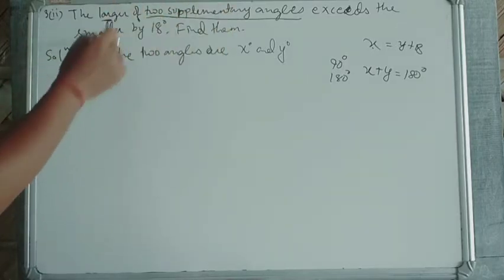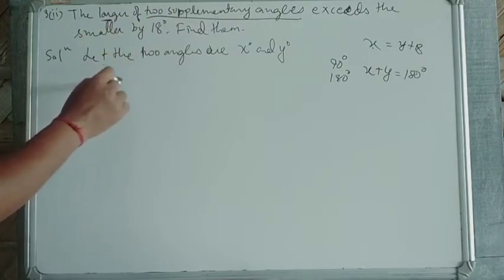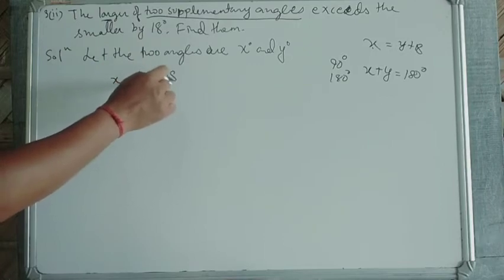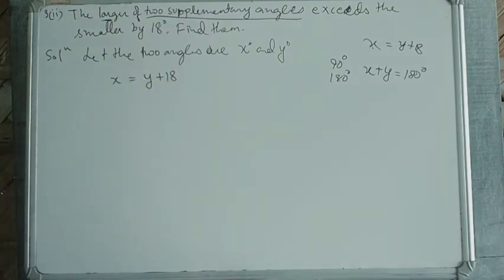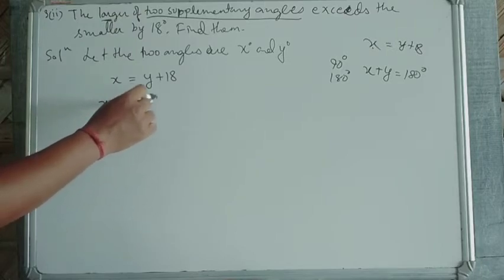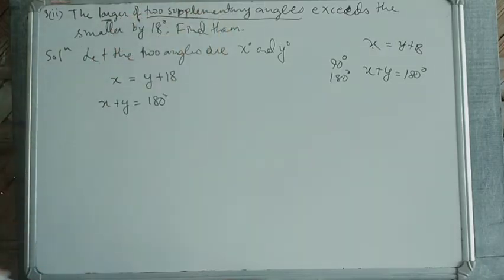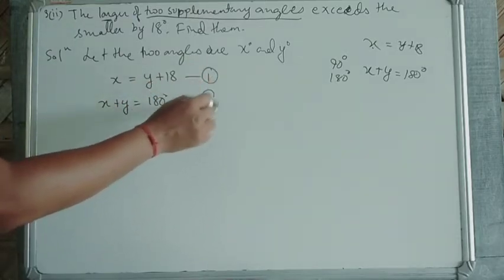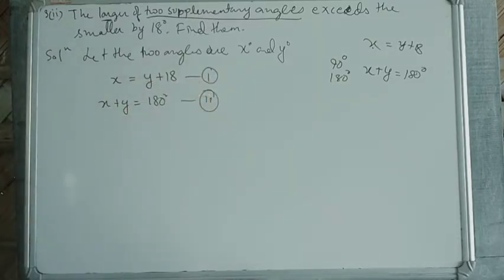One is the larger, that is x, equals y plus 18, and the second equation is x plus y equals 180 because it is a supplementary angle. So here also we got two conditions, one equation and another equation.